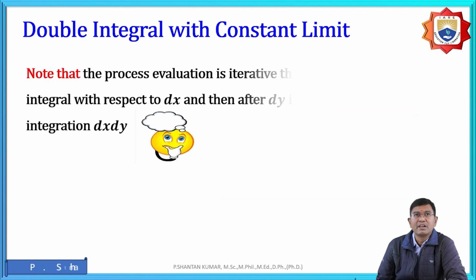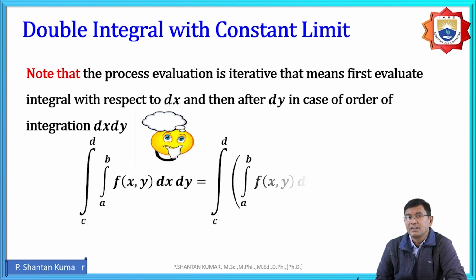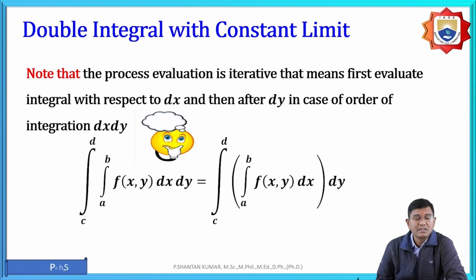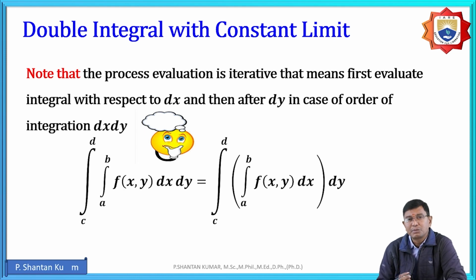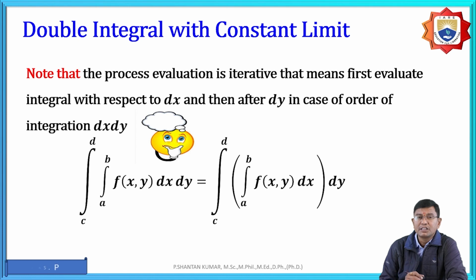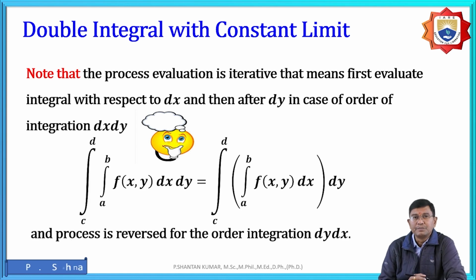Sometimes that depends upon whenever the function is a continuous function under the given limits. Therefore here both orders are satisfied. That is either integrating with respect to x and then with respect to y, otherwise first integrating with respect to y and then with respect to x. Whenever the function is a continuous function, the integration is satisfied.